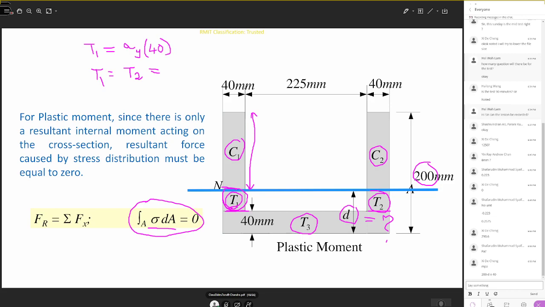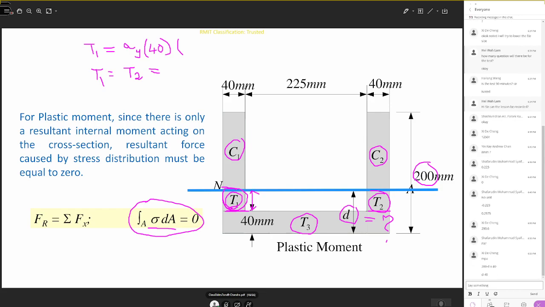I'm sorry, I think I showed it wrongly for C1. Instead of C1, we are writing for T1, right? So T1 is only this height. How much can you write? Yeah, so sigma Y into 40 mm into D minus 40. Okay, so this is T1 and T2.